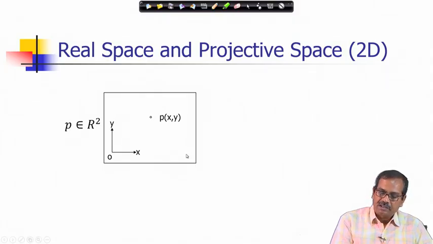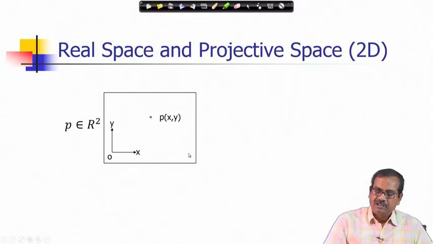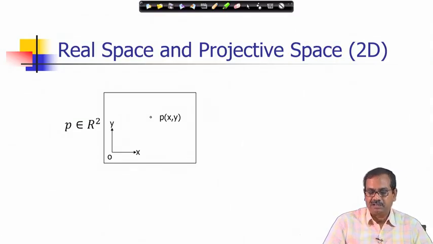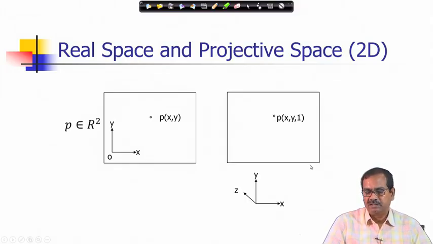Now, when we are considering a projective space, once again in two dimensions, implicitly there is a three-dimensional space behind that definition. It's like an image. When you look at an image, all the points are in a two-dimensional plane, but finally those points are related to three-dimensional points in the scene.